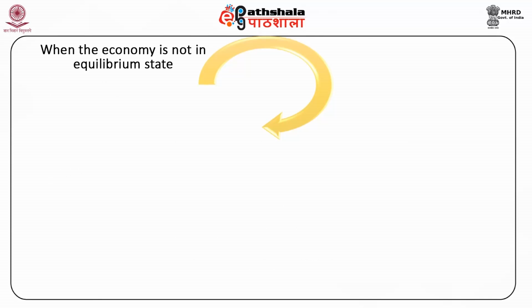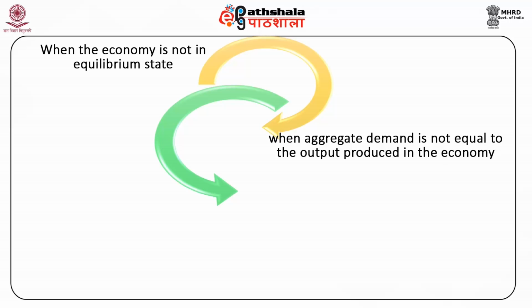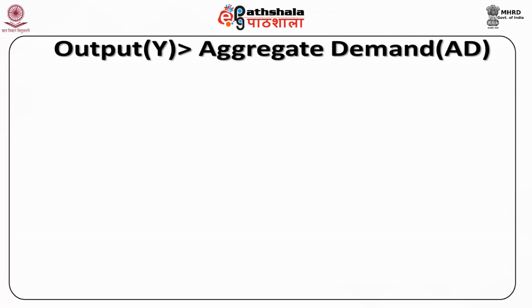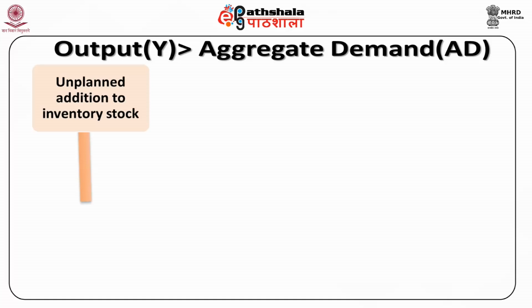When the economy is not in equilibrium, that is, when aggregate demand is not equal to the output produced in the economy, then there is an addition or reduction in unplanned inventory stock, IU. For instance, if output is greater than the aggregate demand, then there is an unplanned addition to inventory stock, or inventory investment takes place.